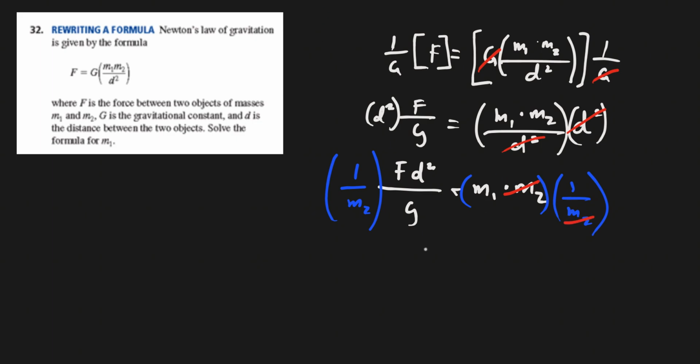This is going to be m1, and m2 is pushed over to the left side, like this, 1 over m2, and we will write this in this form where m1, which is what we solved for, is on the left. So this is just going to be F d squared over m2 G. Okay, there we go. This is our equation solved for m1.